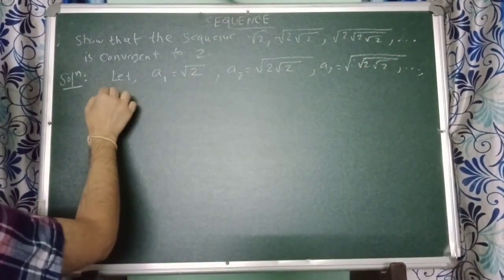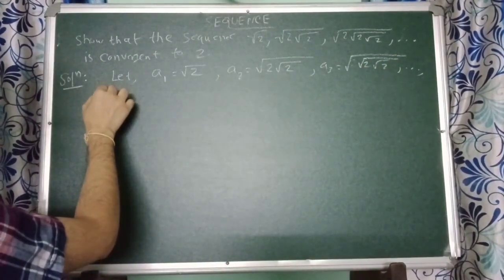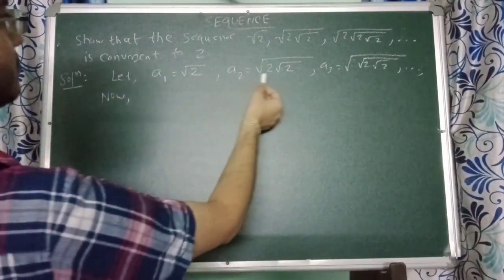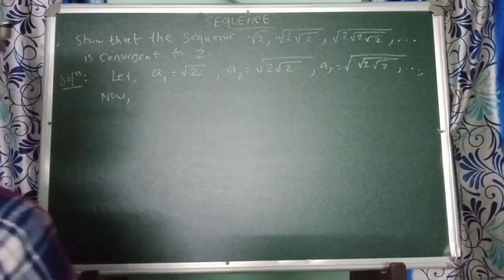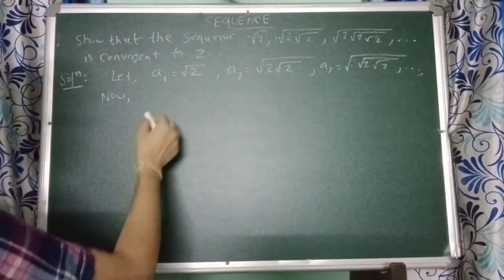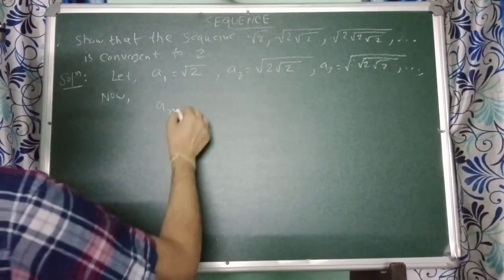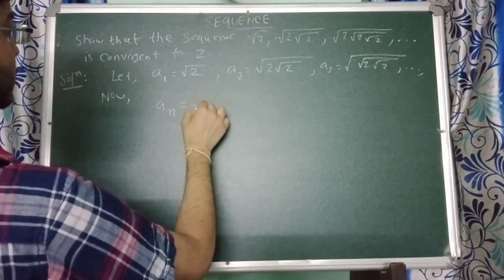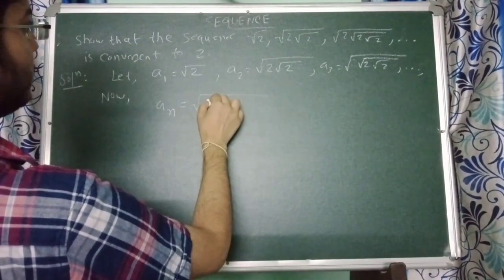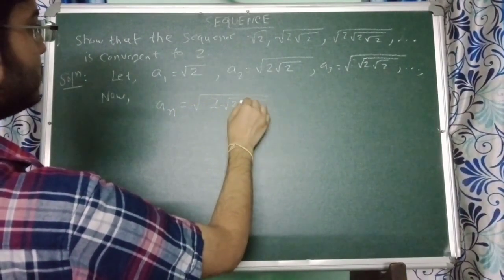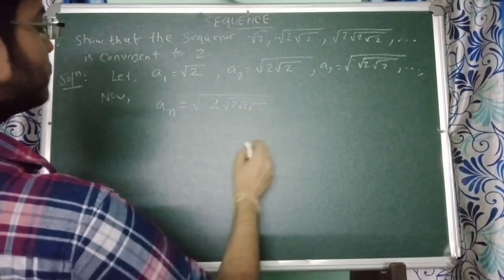Now by the given pattern we say that the sequence a_n is root 2 into square root of root 2 into square root of root 2 and so on.